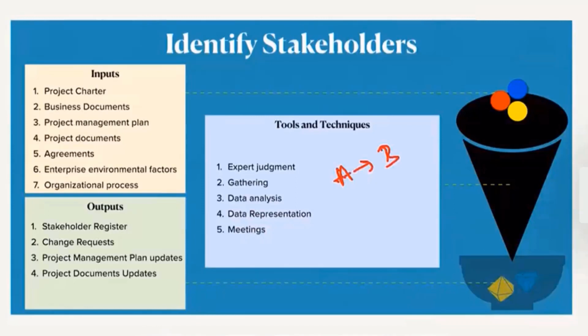But let us consider that A and B, both of them are functional heads. In this case, who can influence whom? We don't know whether R&D can influence marketing or marketing influences R&D. So the influence can go both ways. So that kind of representation diagrams are done. And of course, meetings serve as a very important tool.